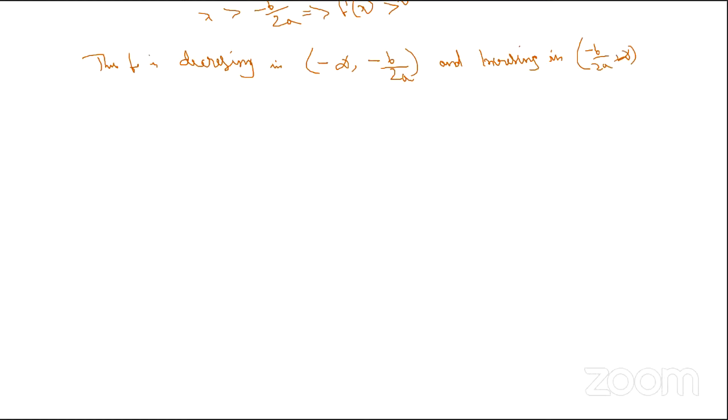So the maximum in this case is plus infinity. Hence the relative minimum at x equal to minus b by 2a is the minimum value of f. Further, f has no maximum value.